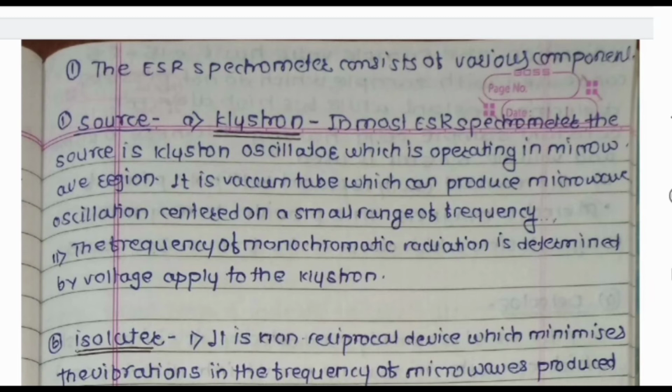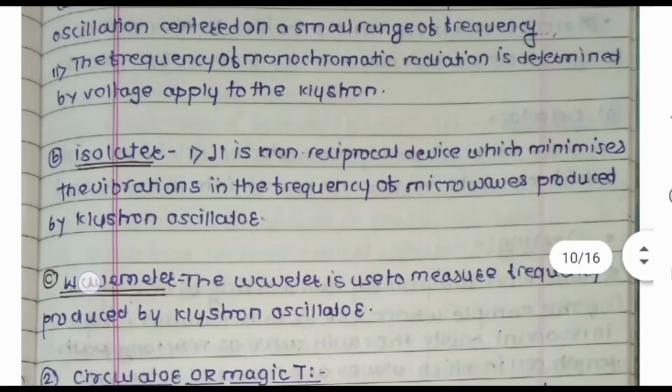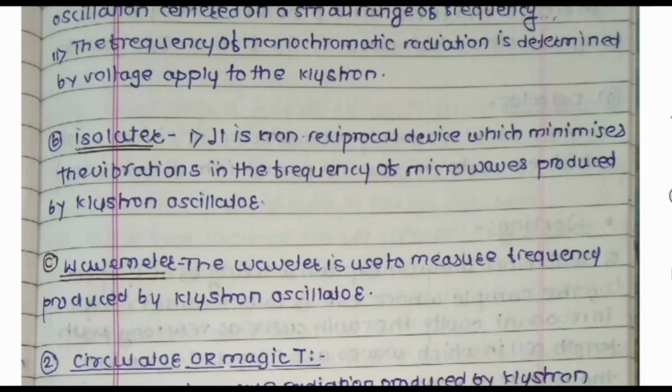The next component is the isolator. The main function of the isolator is that it is a non-reciprocal device which minimizes the vibration in the frequency of the microwave produced by the klystron oscillator. The isolator gives you the very narrow band of frequencies necessary for the analysis of samples.